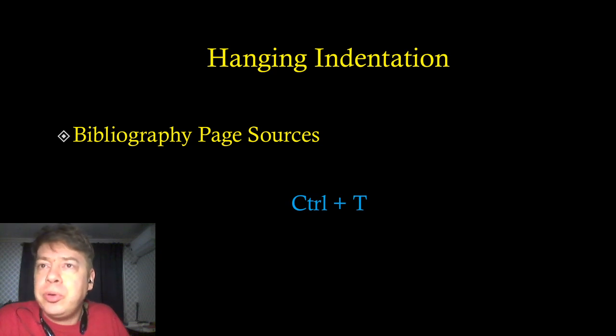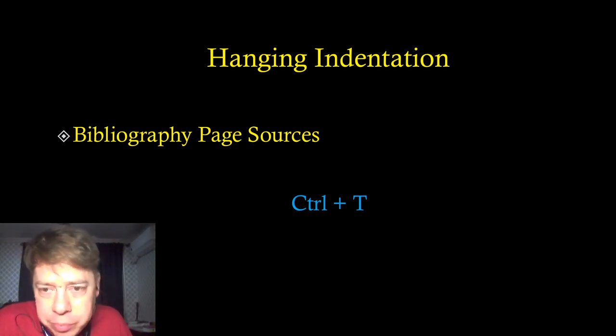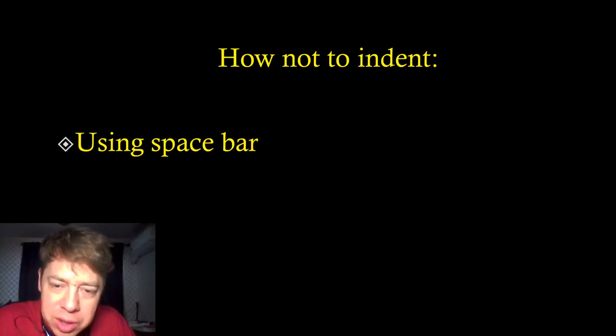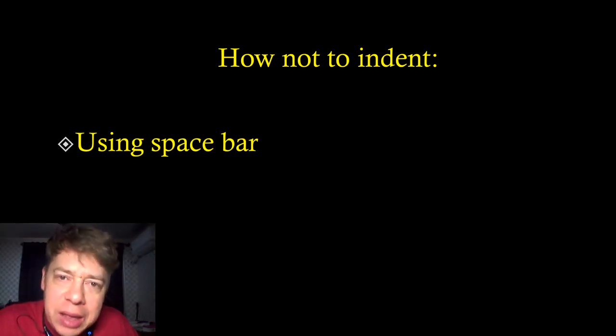You could also do bibliographical hanging pages by using Control T. What you don't want to do is use a spacebar. For various reasons, it's just a very time-consuming thing to be doing.